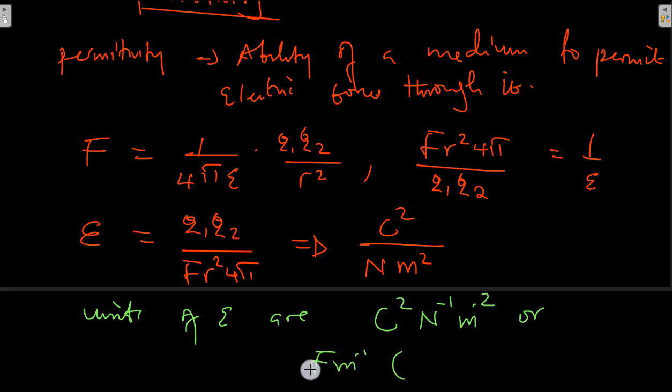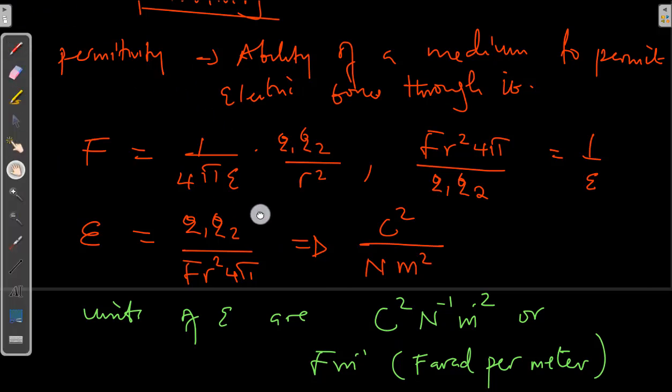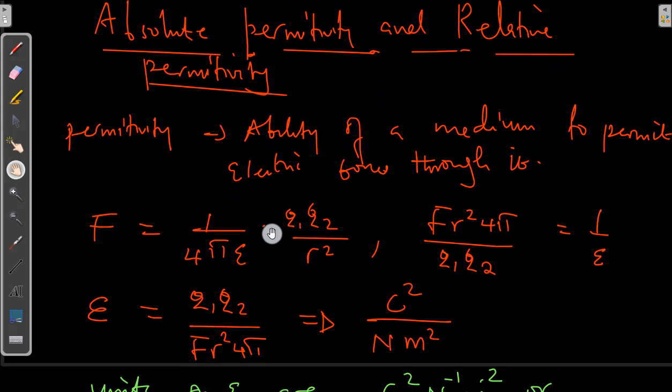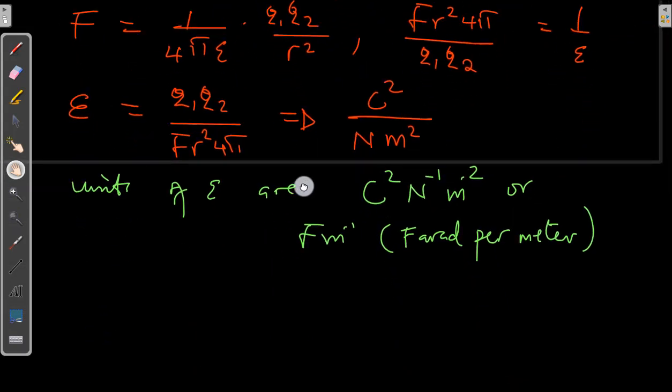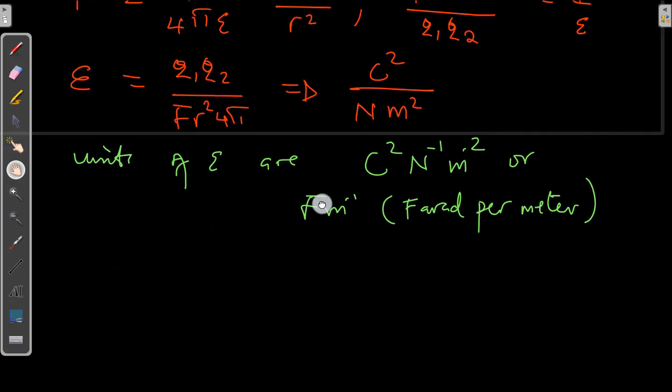I will not derive this unit for now because it involves a study of capacitors, but we'll commonly use it as opposed to the previous unit, farad per meter. That's also another unit for permittivity. So the permittivity of a medium is also called the absolute permittivity, and it is the measure of how much electric force that material can permit to pass through it.